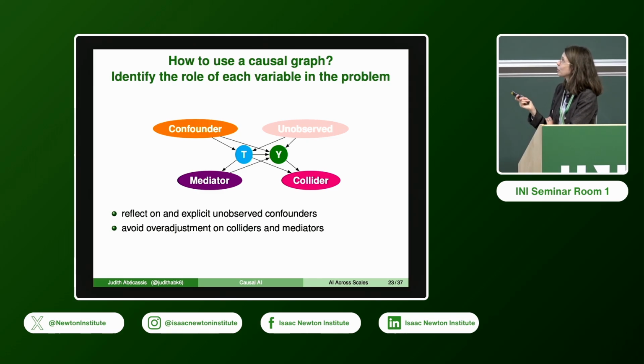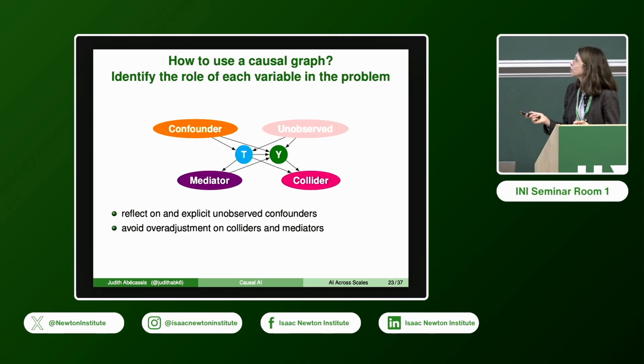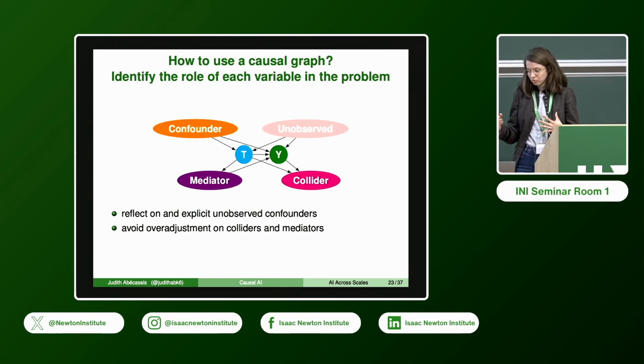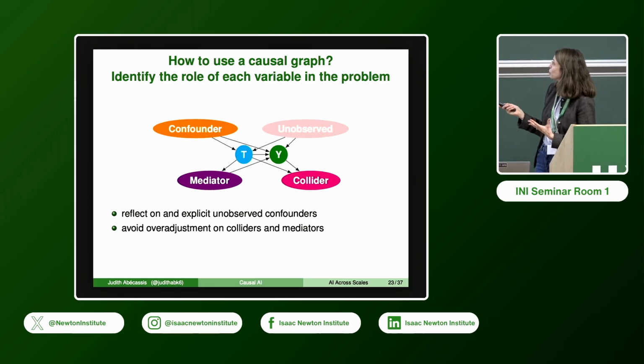But actually, the graph allows you to visualize some other possible relationships, like a mediator that would be an intermediate explanation of your step in your causal effect. So, for example, maybe you could consider that your COVID vaccine is making you have a high level of specific antibodies to COVID. So this specific antibody would be a mediator.